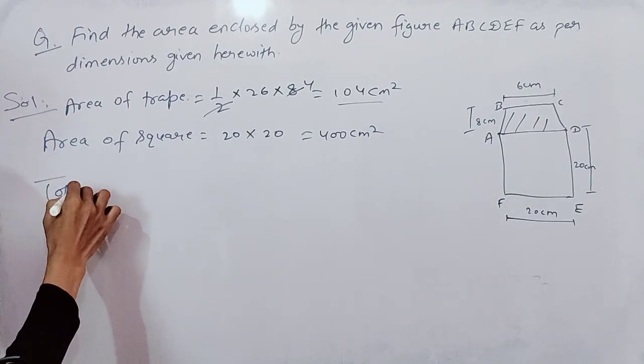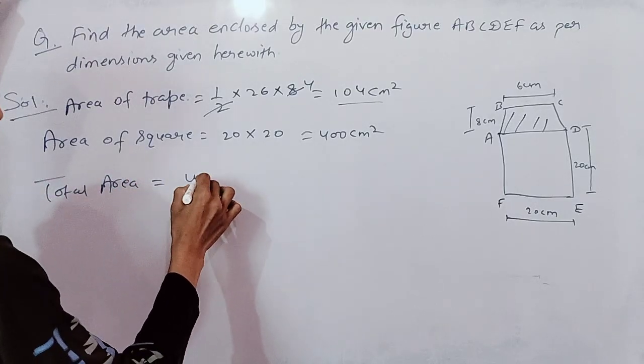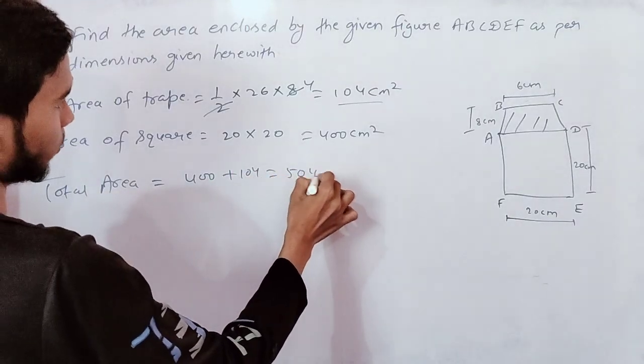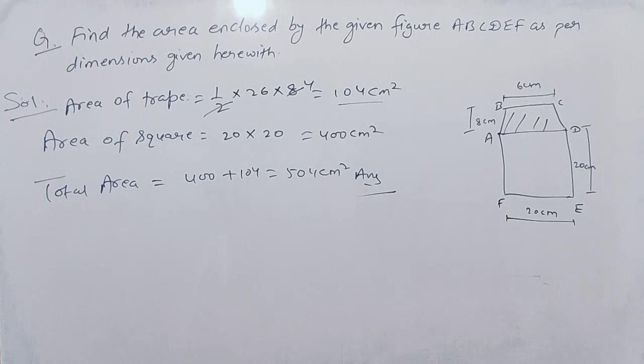Total area would be 400 plus 104, so 504 centimeter square is the total area of this given figure. So the answer is correct.